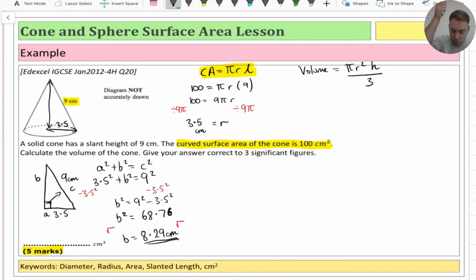I've then used Pythagoras to work out the height, and now, and only now, can I find out the volume, which is equal to pi times my radius, 3.5 squared, times the vertical height.